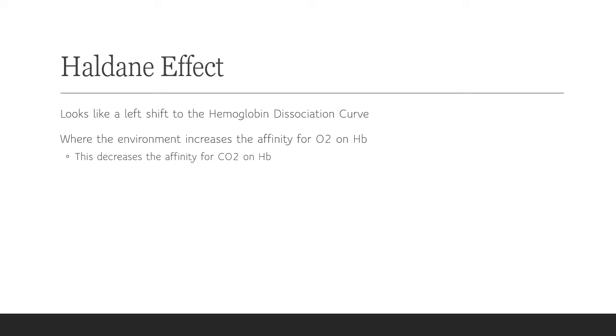A shift to the left is known as the Haldane effect. This is seen where there is a reduction of CO2, temperature, pH, and or biphosphoglycerate. It also can be seen in areas that have an increase in oxygen compared to the others.